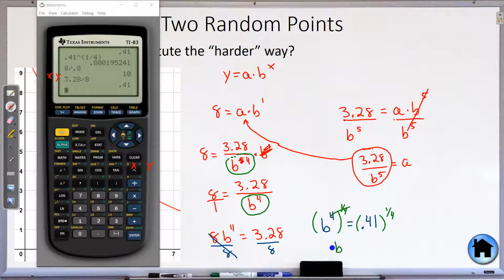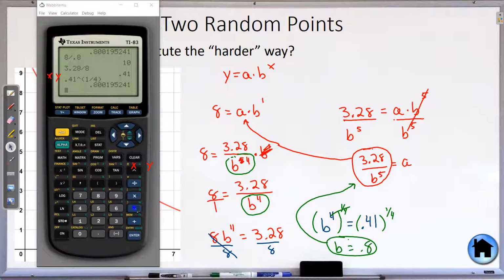So that goes away. b is equal to 0.41 to the power of 1/4, and so you get 0.8. Substitute that in. Now we have to go over to here. So not nearly as nice, but we've got to do 3.28 divided by 0.8 to the fifth.